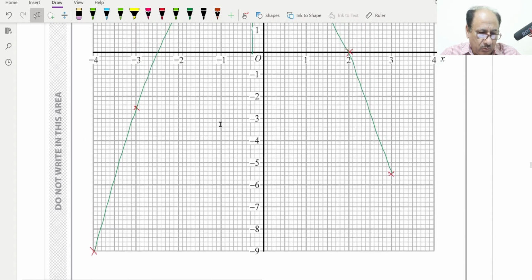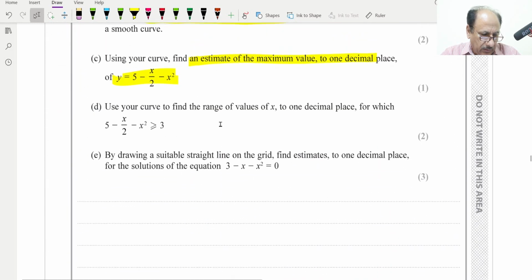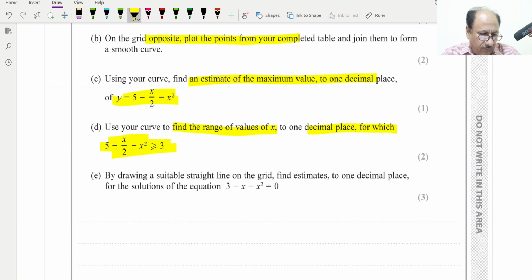Then we can go through part D. Part D is saying use your curve to find the range of x to one decimal place for which this is greater than or equal to 3. So we can check for that range.